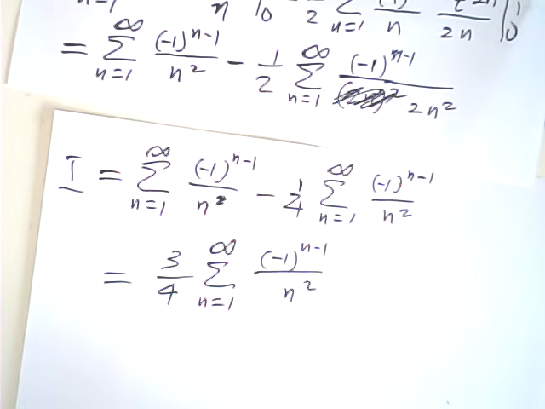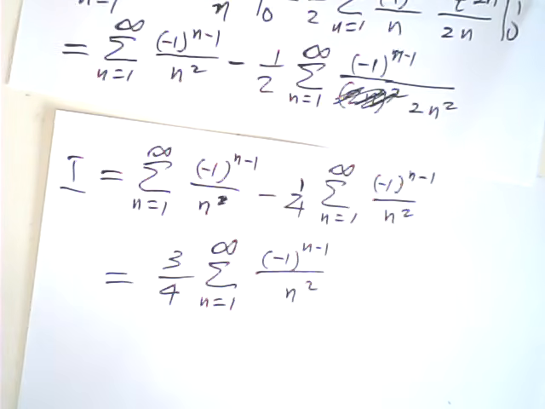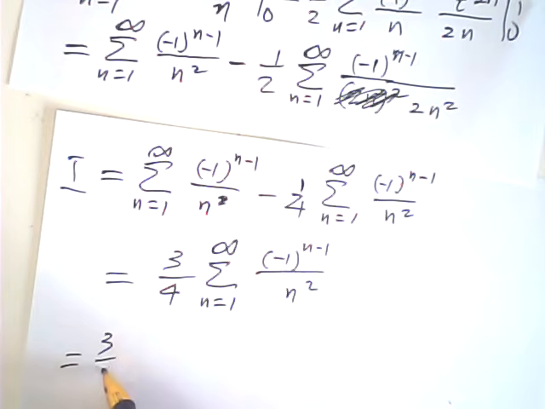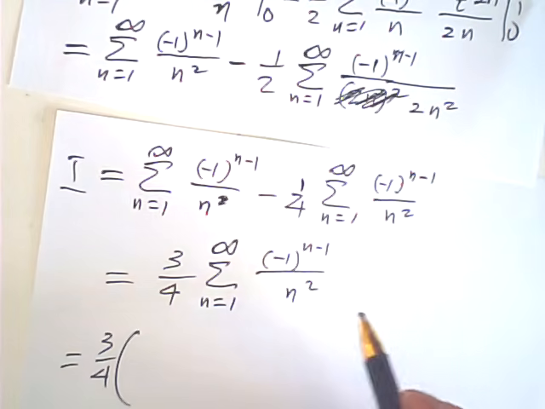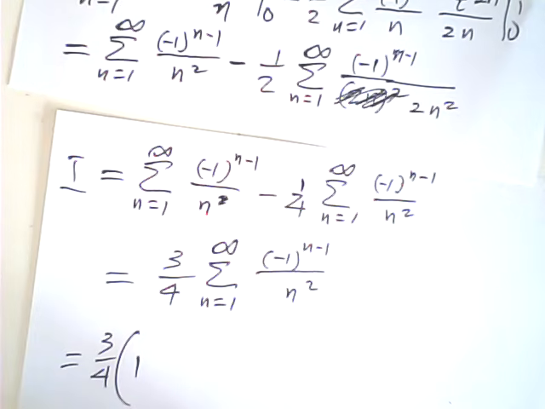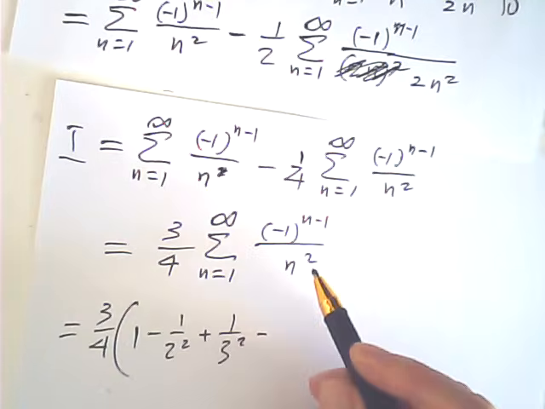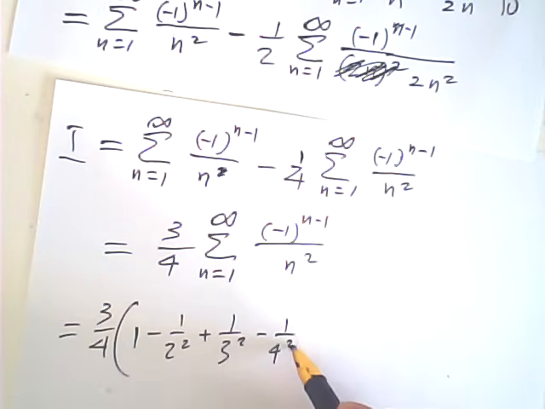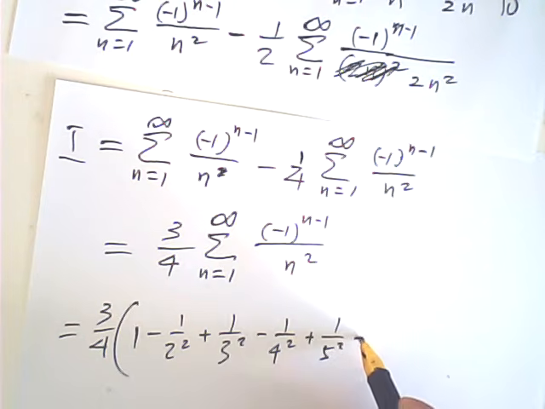All right. Then what? Now, the first term is 1, then a negative, right, 2 squared, then plus 3 squared, minus 4 squared, plus 5 squared, and a minus.